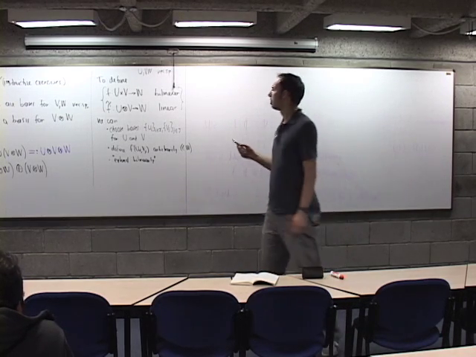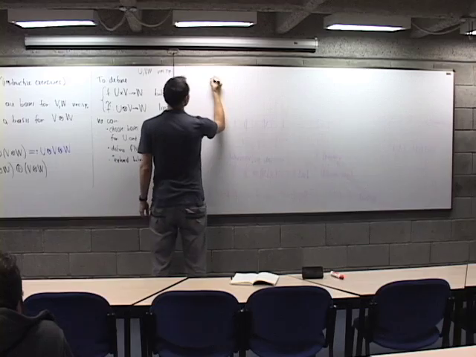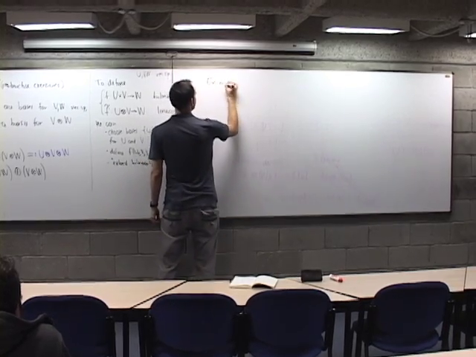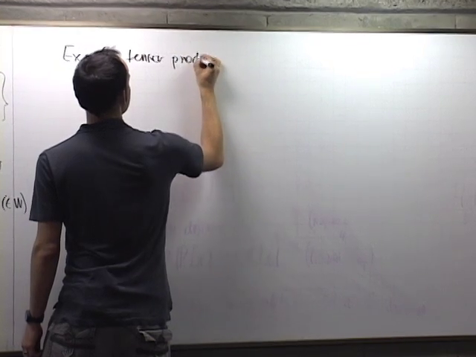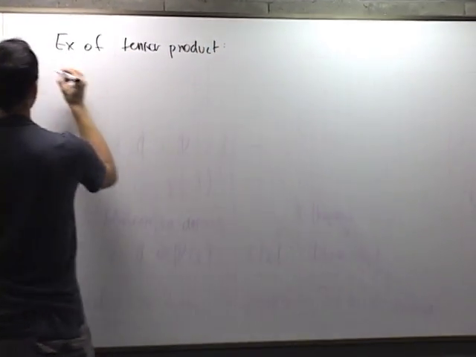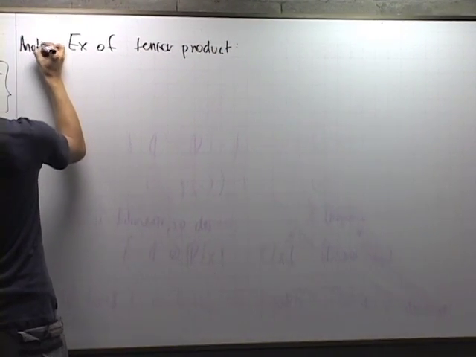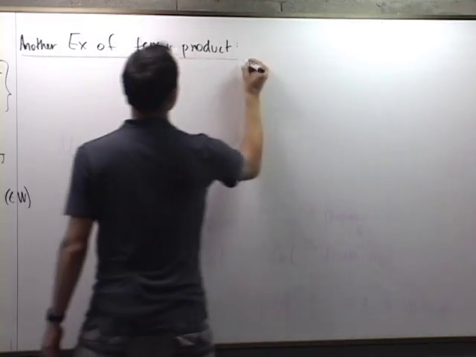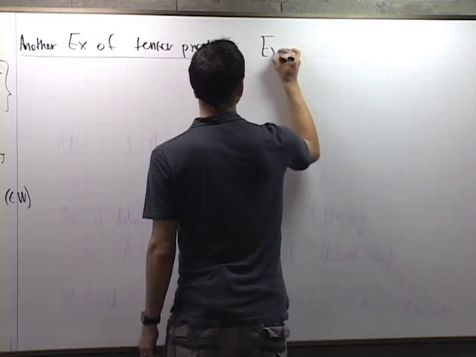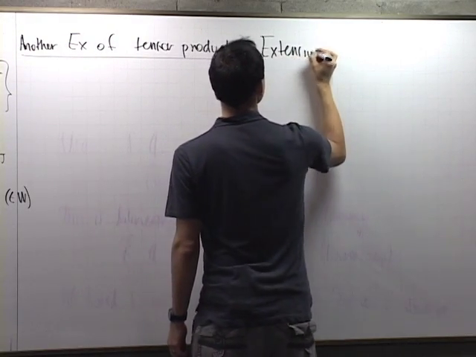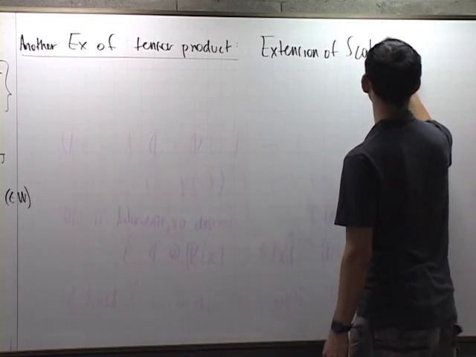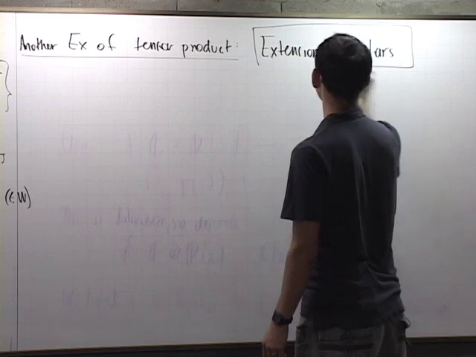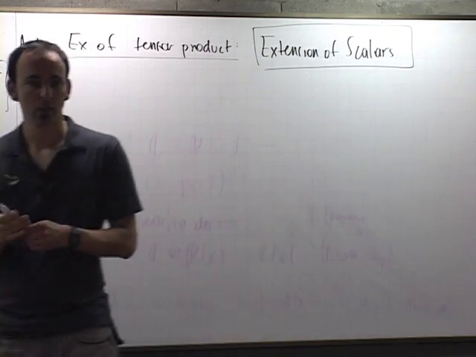Maybe another example of a tensor product that's important is what's called extension of scalars. Okay.